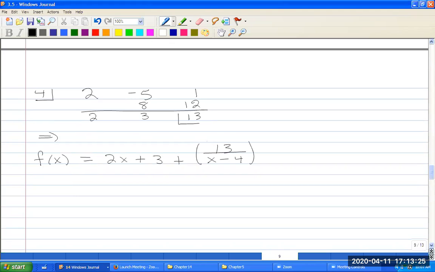And so I've just rewritten my function in a nicer form.